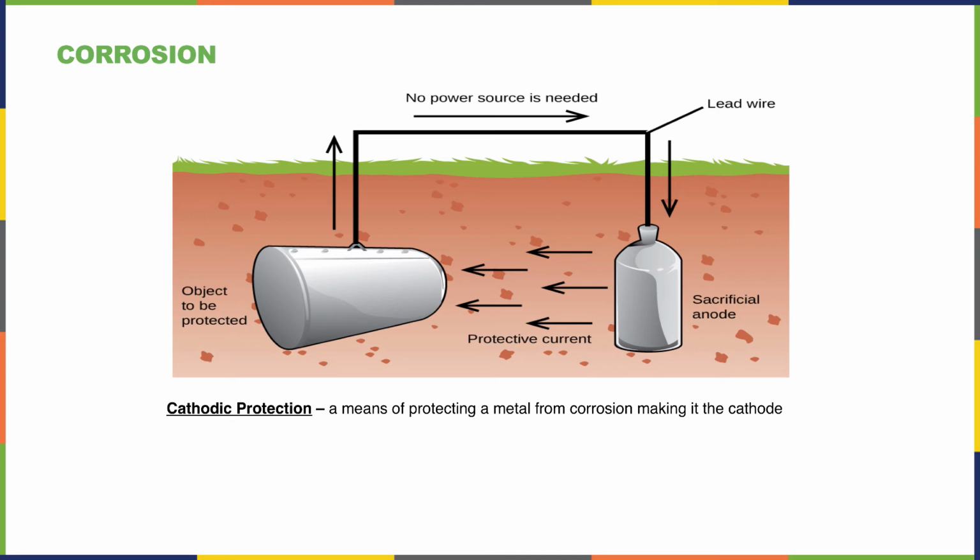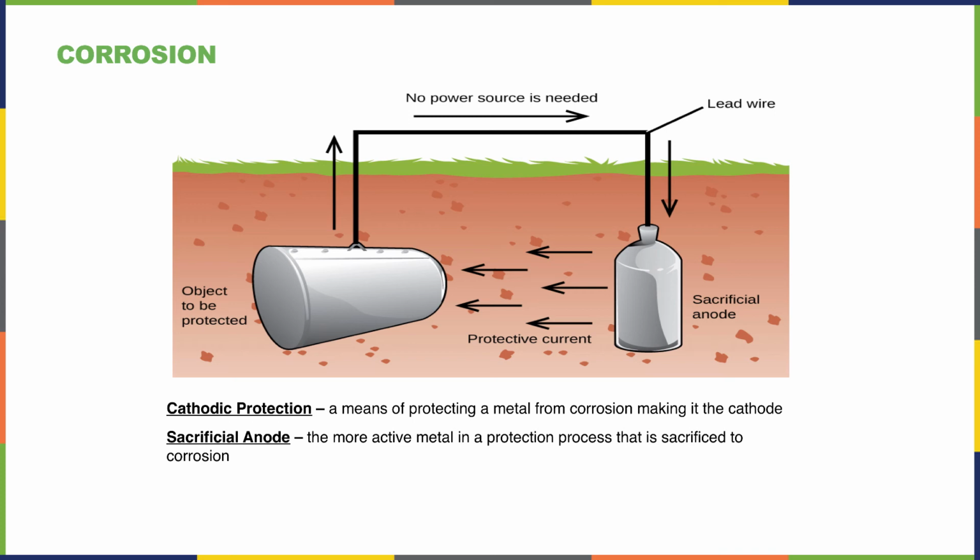It's a means of protecting metal from corrosion by making the object you want to protect a cathode in an electrical reaction. You have what's called a sacrificial anode, generally a more active metal that's buried near the object you want to protect, because you need to connect the two with a wire.